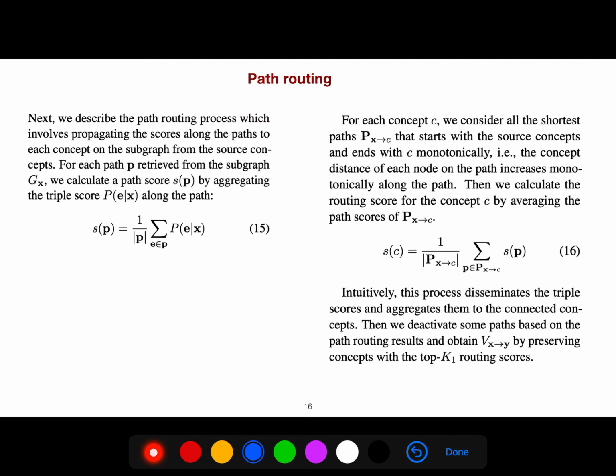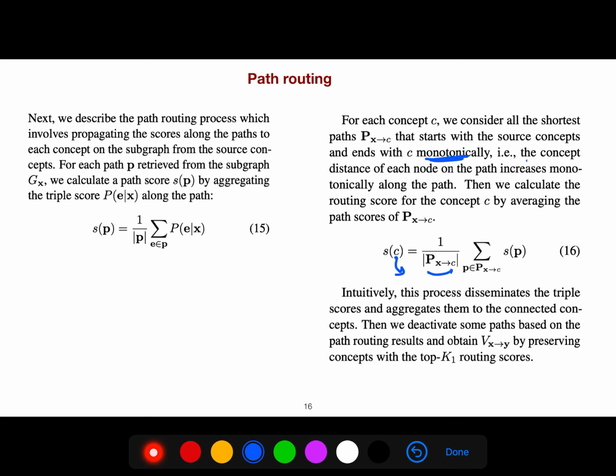And for path routing, we describe the path routing process, which involves propagating the scores along the path to each concept on the subgraph from the source concepts. So for each concept C, we consider all shortest paths that start with the source concepts and end with C monotonically.